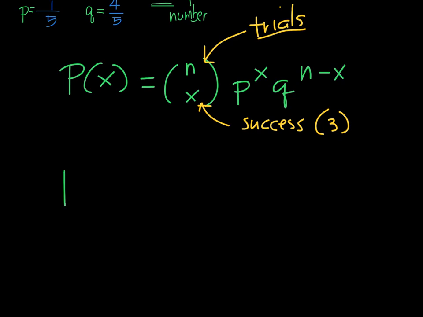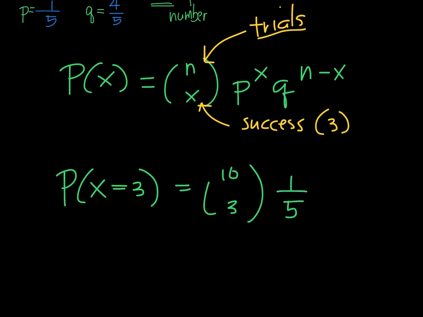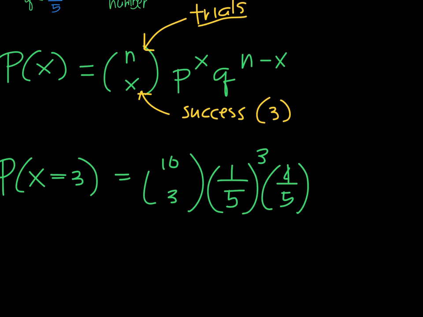So the probability that x is equal to 3, the number of successes, is: n is 10, x is 3, P is 1 over 5 raised to x, which is 3, and 4 over 5 raised to n minus x, or 10 minus 3, and that is 7.